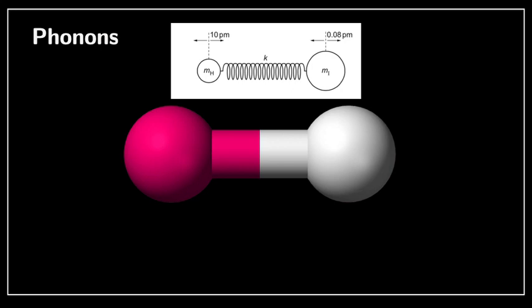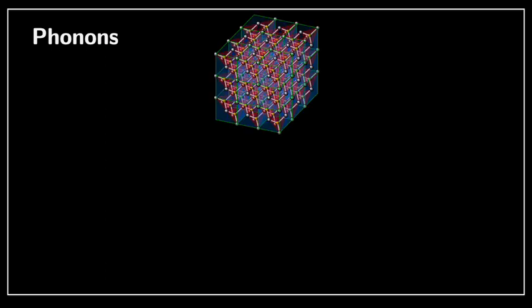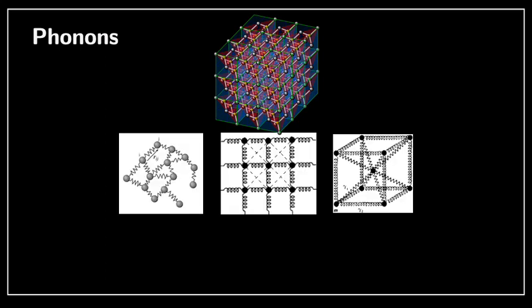This is a freshman level type of calculation. But we can go further than that. We can look at a solid like this one. I hope you can see this is a cubic solid. And we can actually replace all the atoms by some kind of balls and the bonds by springs, and get all sorts of arrangements of springs.